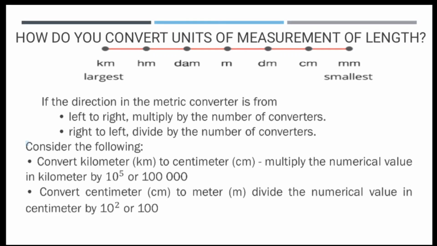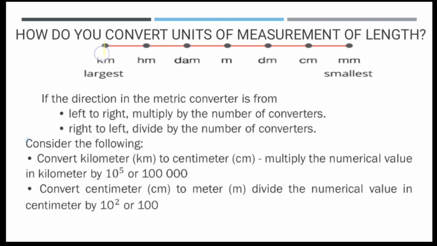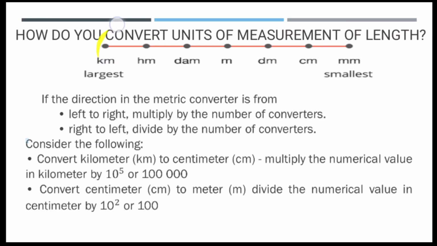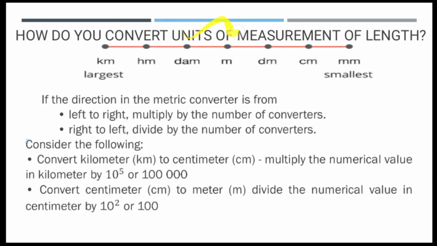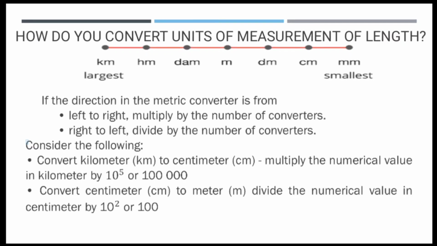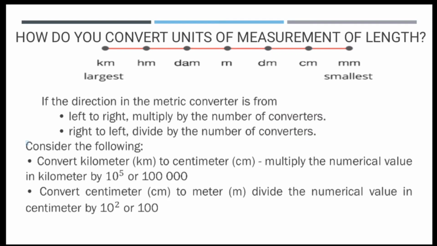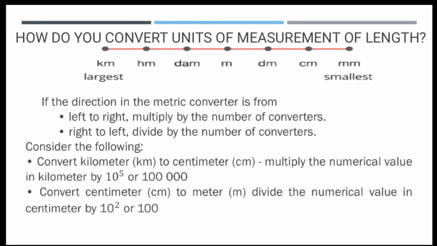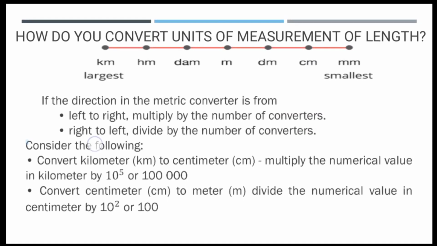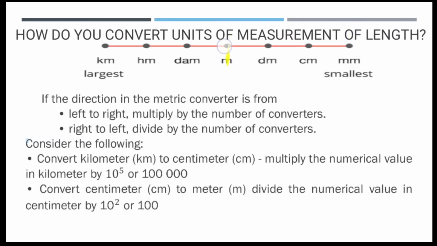So if the given is kilometer and we are looking for meter, we will move 1, 2, 3. As you can see, 3 movements from left to right. In that case, we have to multiply the given by 1,000, since 1,000 has 3 zeros. On the other hand, from right to left, for example, if our given is millimeter and we are looking for meter, we will move 1, 2, 3.